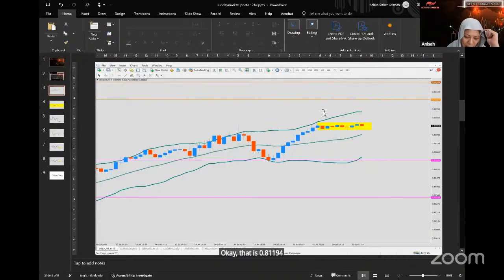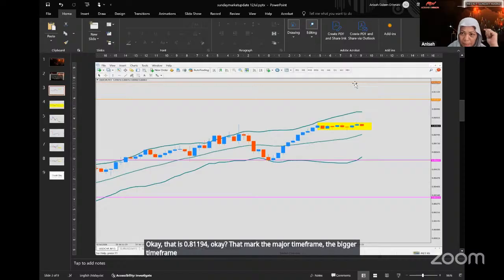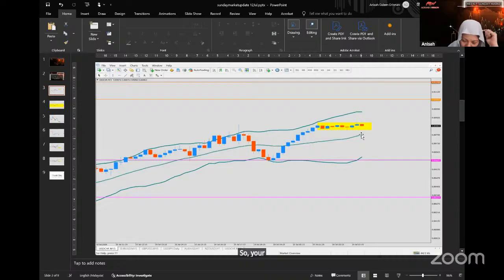That marks the bigger time frame peak. Your stop loss is the mid BB or the SMA line. So that was the outlook for dollar Swiss: bullish.